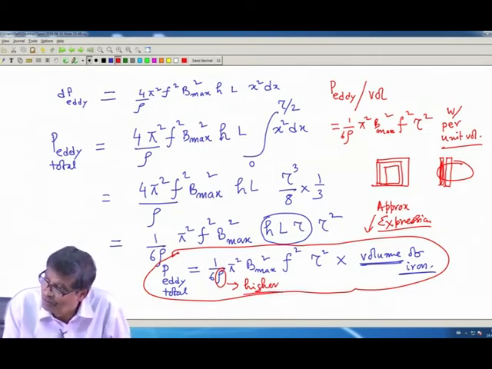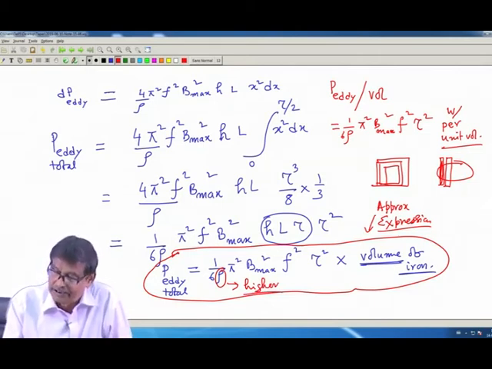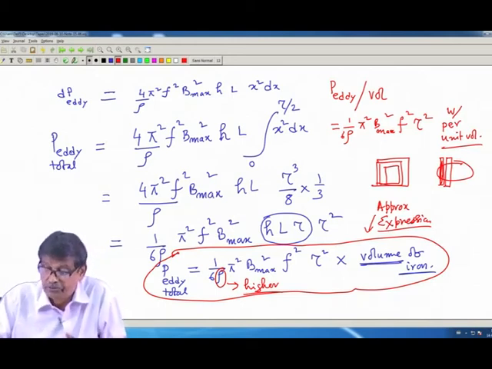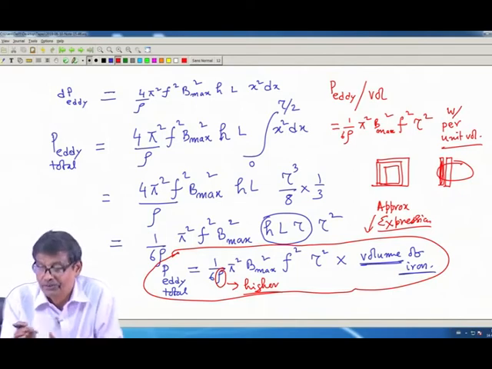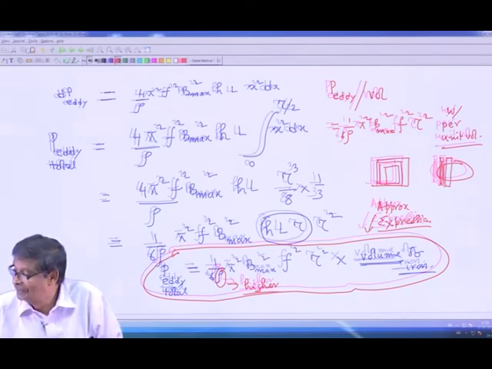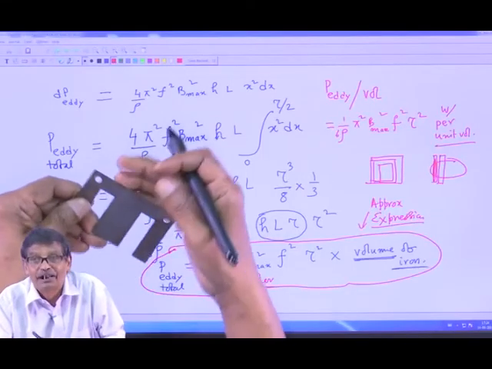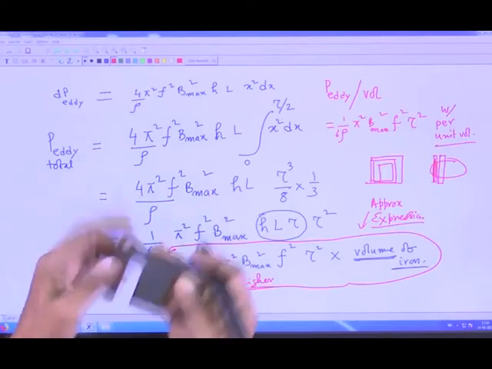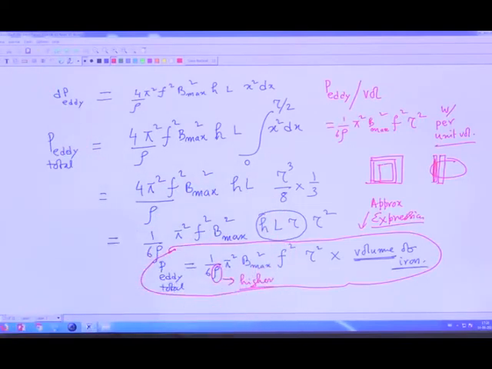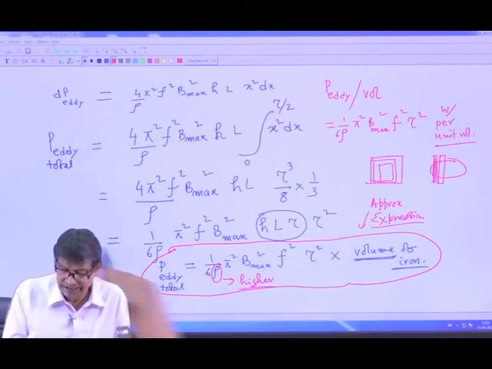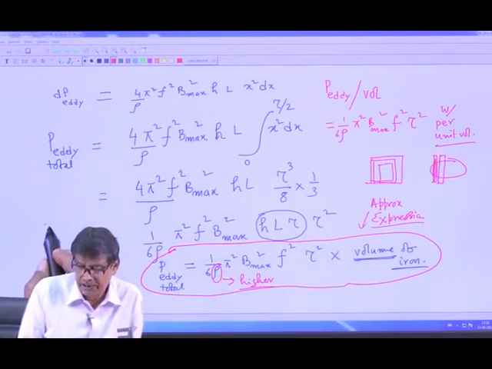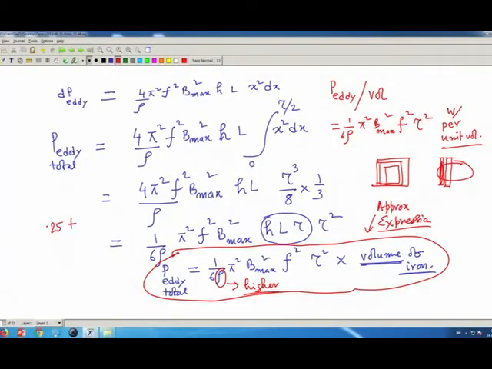Use small tau, that is one factor, the thickness of the plate should be tau. It cannot be too small, otherwise those thin plates become brittle. So, the order of the thickness used is maybe 0.25 to 0.5 millimeter for a 50 hertz transformer.